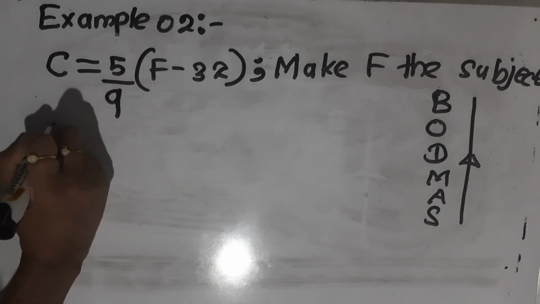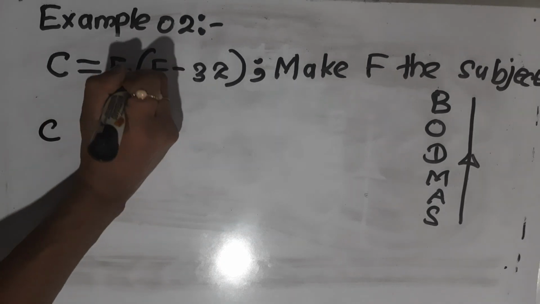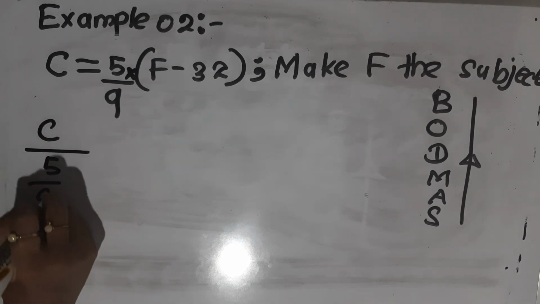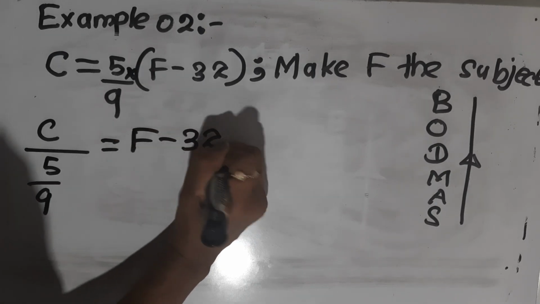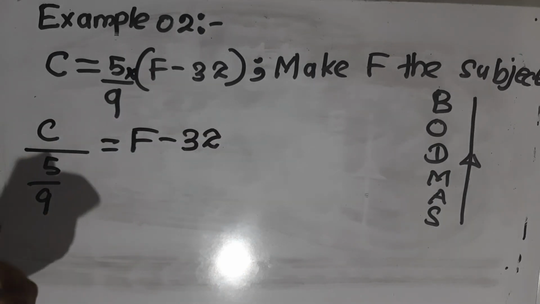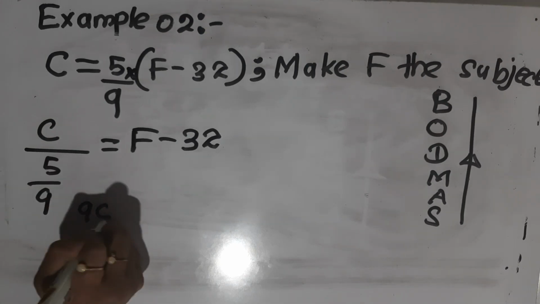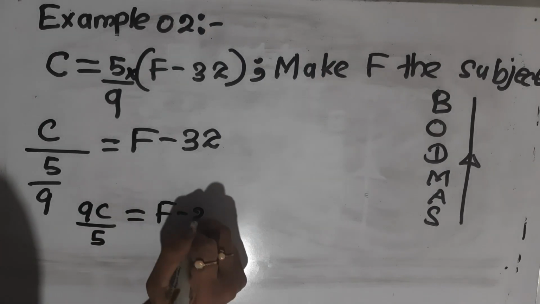So see, both sides are divided by 5 over 9 because we have multiplication here. c divided by 5 over 9 is equal to f minus 32, right? So this can be written as 9c over 5 equals f minus 32.